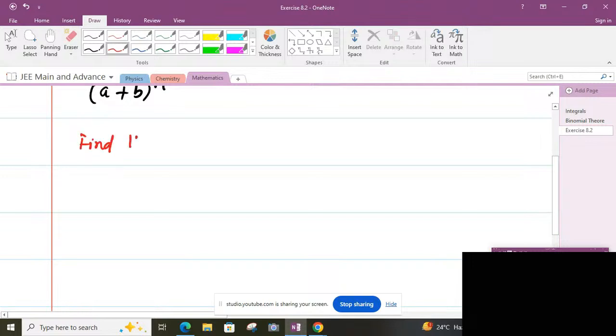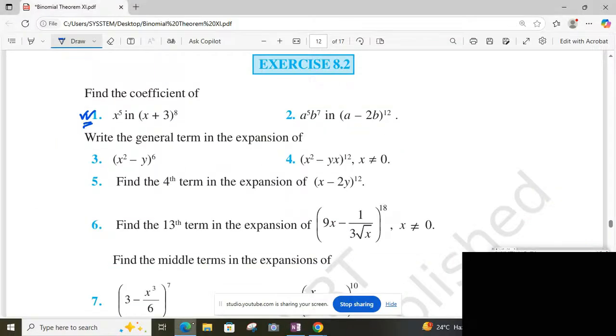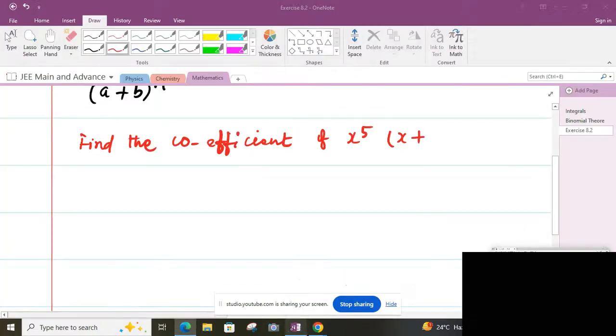Find the coefficient of x to the power 5 in the expansion of (x plus 3) to the power 8. Let's see the solution.